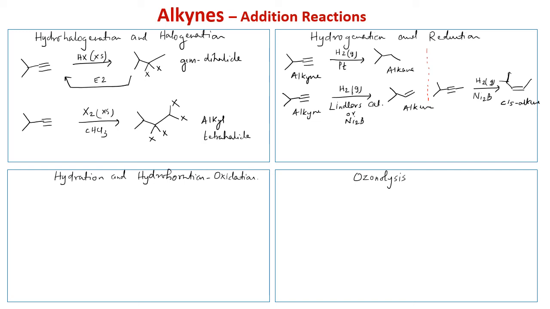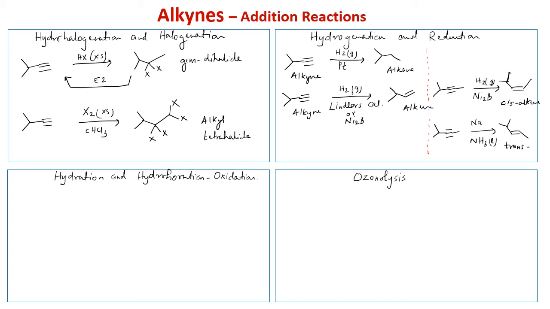Now, if we get the cis alkenes this way, how could we convert the alkyne into a trans alkene? For doing that, we can do this reaction using sodium and liquid ammonia. If I react this with sodium and liquid ammonia, this reduction gives us the trans alkene.